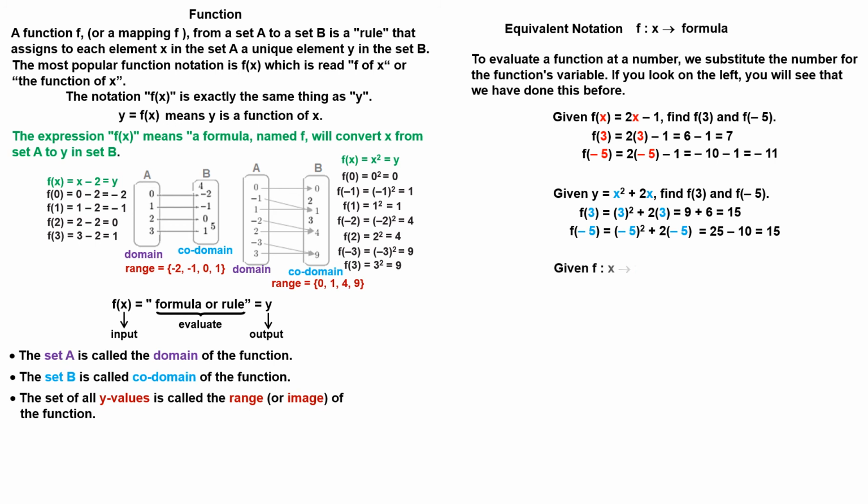Given function f is such that x maps onto x squared plus 2x minus 1, find f of 3 and f of minus 5. We proceed as we did before.